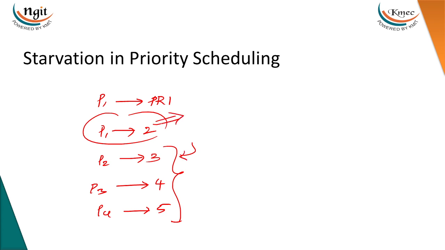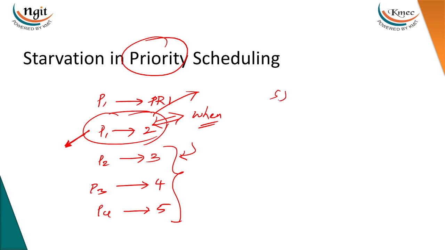Then we don't know when P1 will be scheduled. P1 will be starved, and it may take hours or even days to execute. Sometimes it is not possible to execute at all if we have this problem, starvation, in priority.